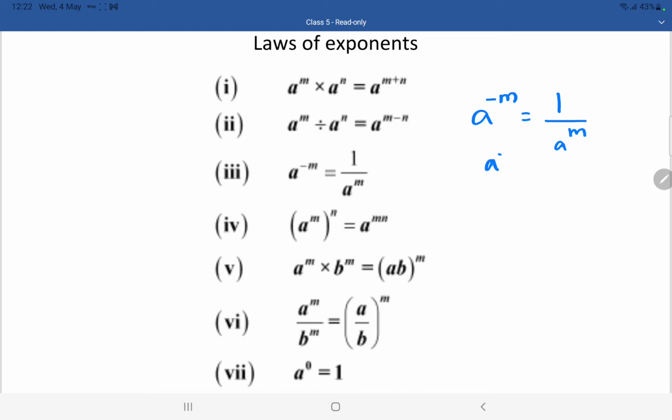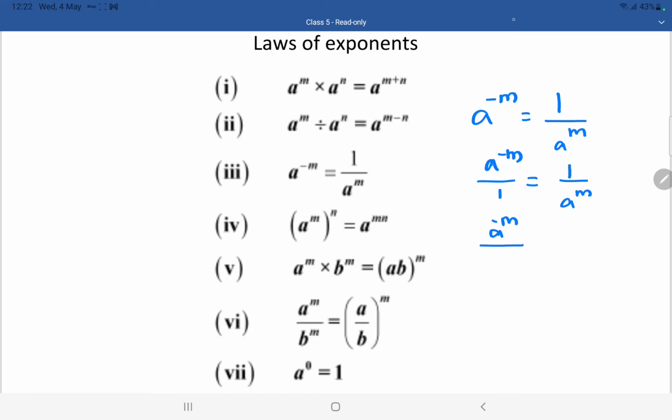I can write this a power minus m by 1 is equal to 1 by a power m. So remember children, whenever you have minus symbol as the power, it will change its position to become positive. If it is minus in the numerator, when it comes to the denominator, it will become plus.